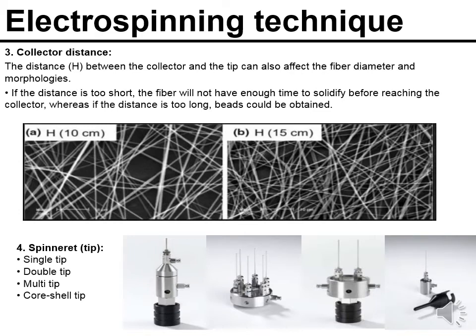The fourth factor is the spinneret or syringe needle. The spinneret may be single tip, double tip, multi-tip, or core-shell tip. This tip affects the shape and morphology of the resulting nanofiber.